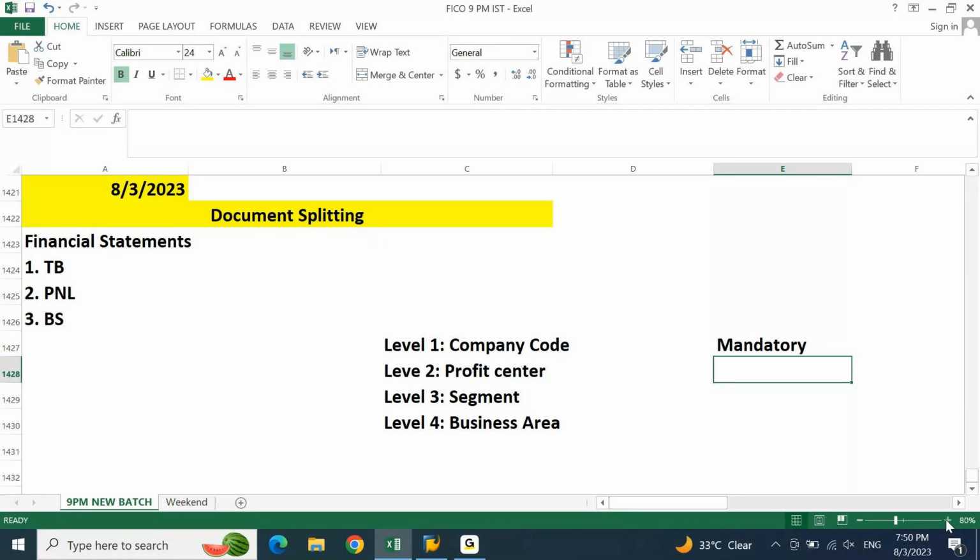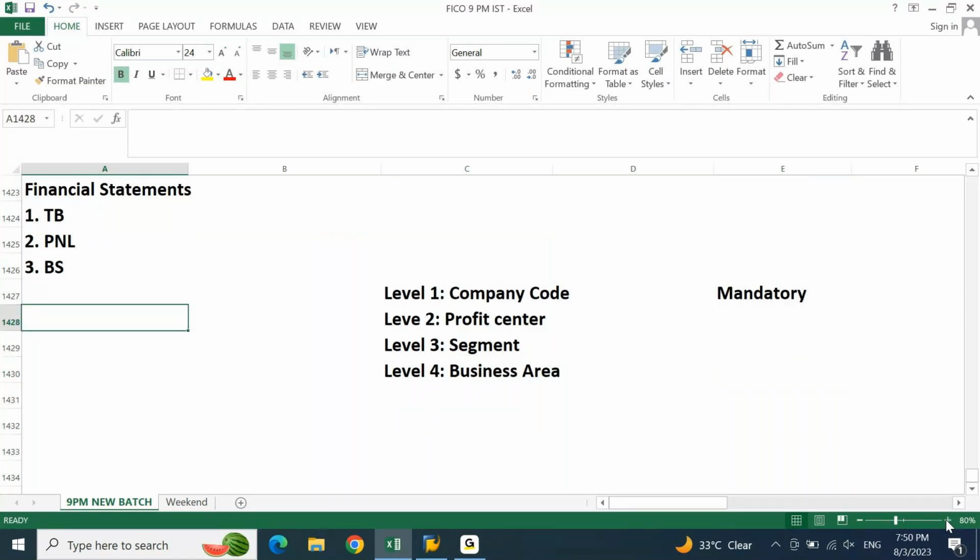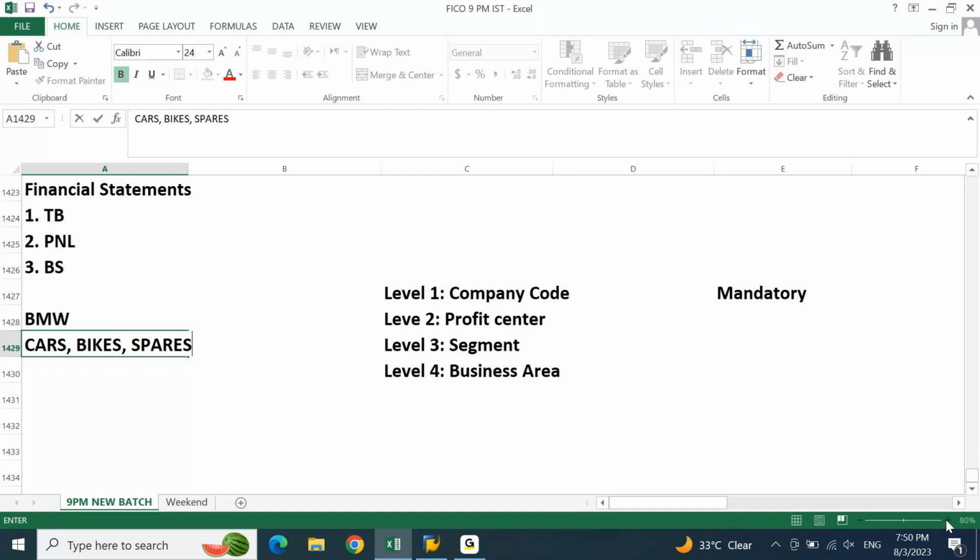As we understood for our BMW, we assumed that BMW will have cars, bikes, spares, and services. We thought that BMW is dealing with cars as a separate business unit, bikes as a separate business unit, spares as a separate business unit, servicing as a separate business.